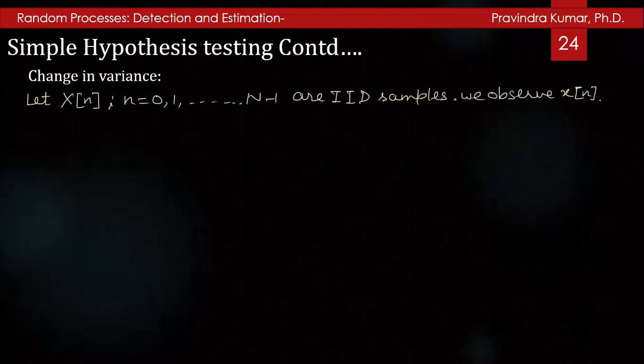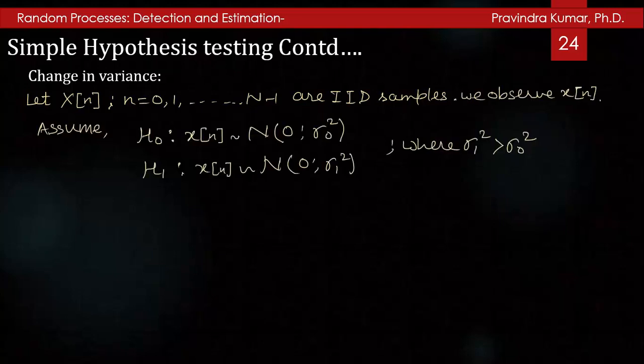We observe x[n] and assume under hypothesis H0, x[n] has a PDF with mean 0 and variance sigma naught square, and under hypothesis H1, x[n] has a PDF with mean 0 and variance sigma 1 square. Here the means are the same and the variances are different. In the previous case the means were different and the variance was the same. In this case sigma 1 square is greater than sigma naught square.